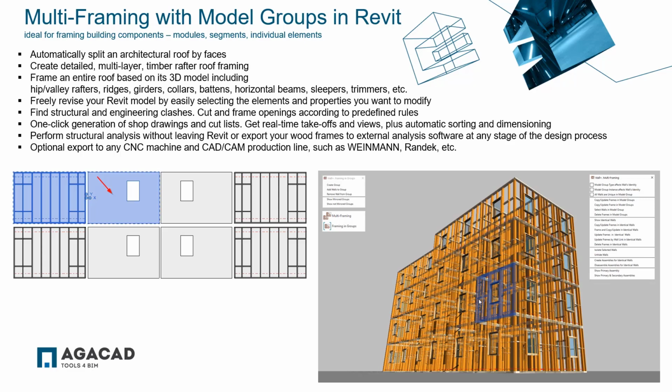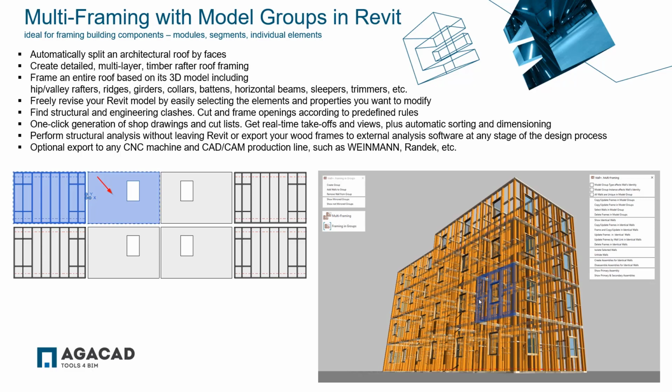Of course, you will need to know Revit to some degree to be able to create model groups, and then utilize some of the Wall Plus, Floor Plus or Roof Plus functionality to frame those groups, types of walls, floors and roofs way faster. That's the key benefit of multi-framing in Revit.